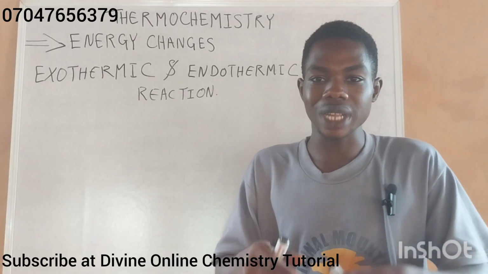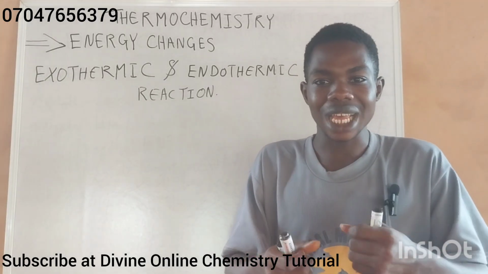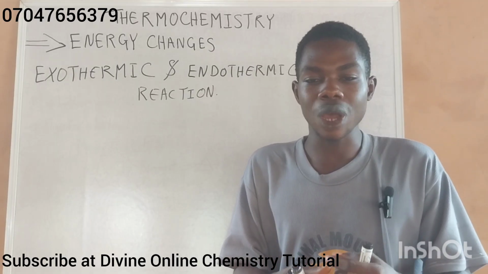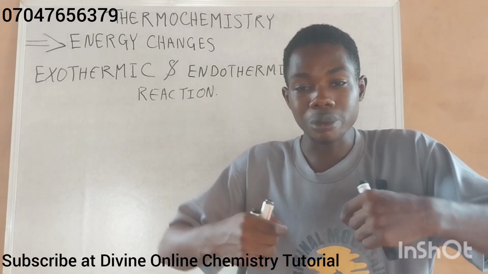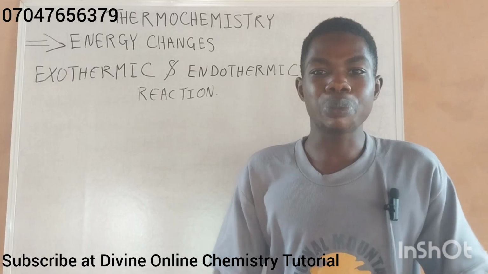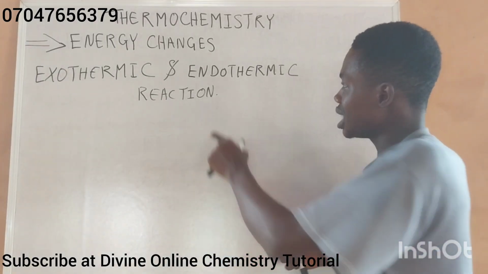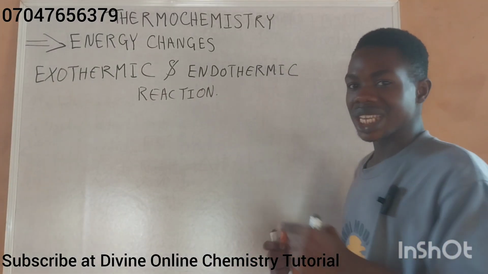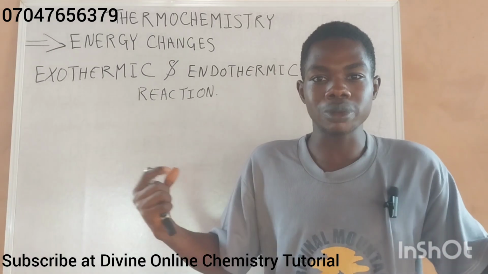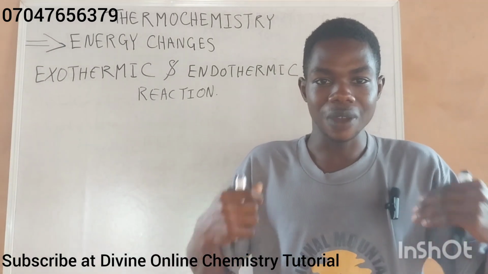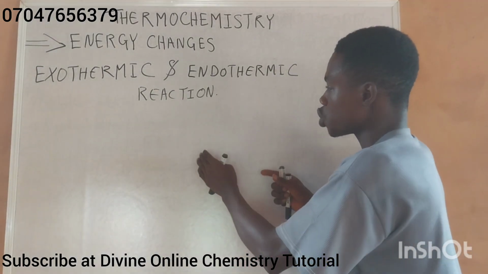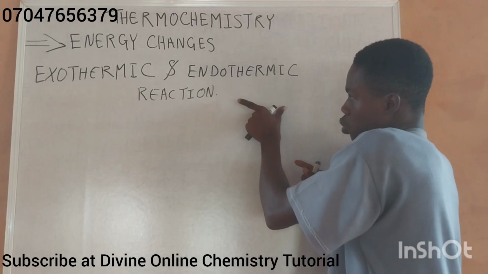Earlier, when I was explaining exothermic reaction, I said that it is the process whereby heat is given out from the vessel to the surrounding. But in endothermic reaction, heat is being absorbed from the surrounding into the reacting vessel.